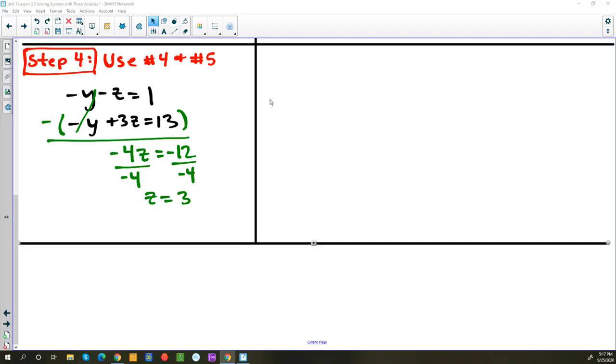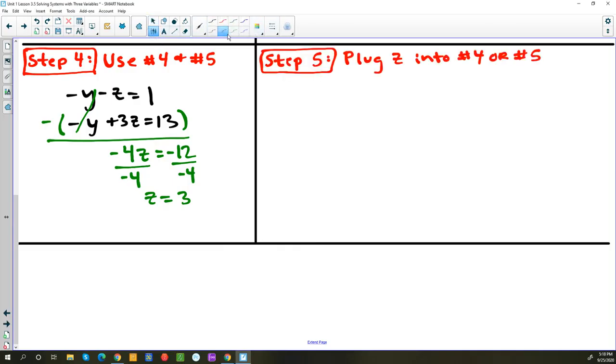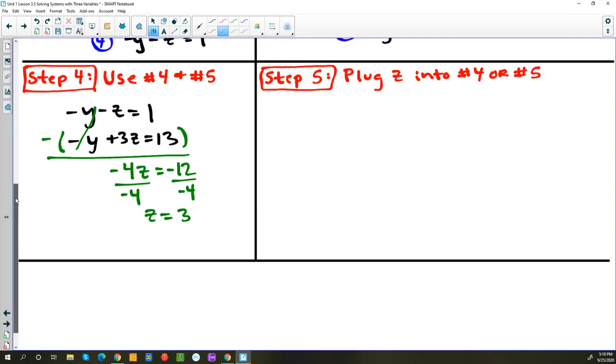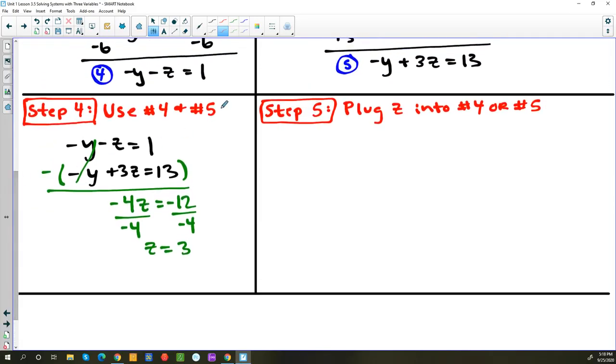So now that we found z, we actually want to plug z back into number 4 and number 5. So that's our next step. So when we do that, if we scroll back up, we have equation number 4. Seems easier to me. So we're going to do negative y minus, we're going to plug z in, equals 1.